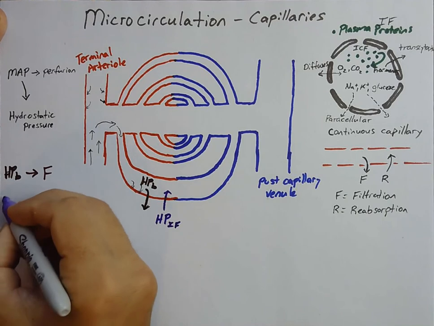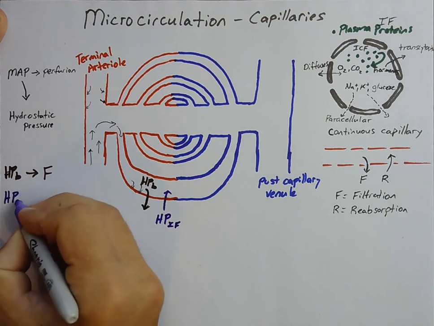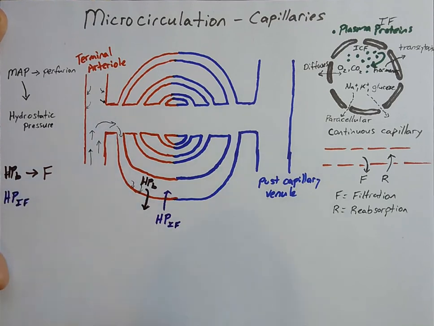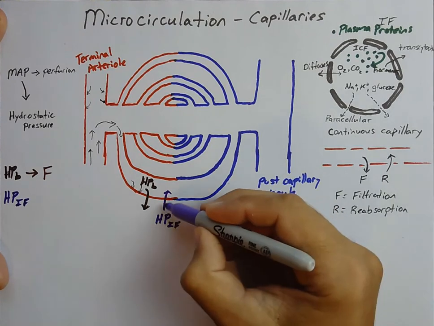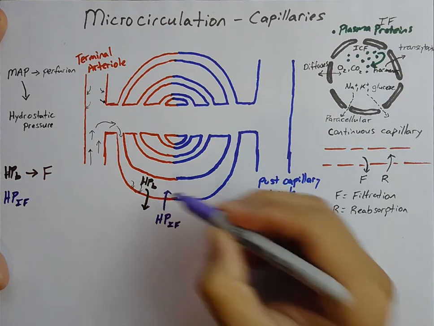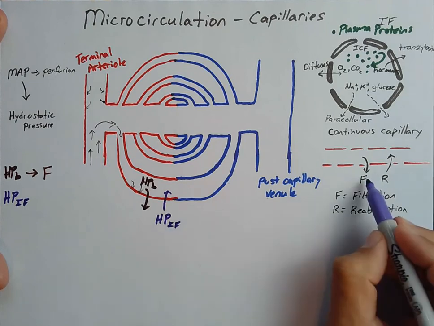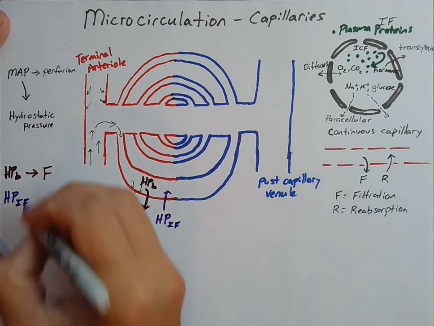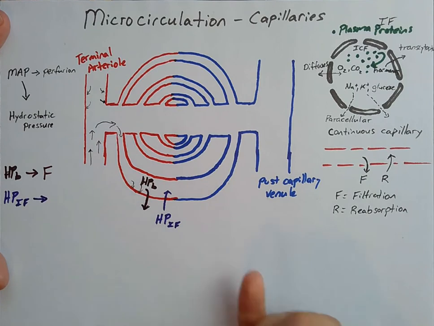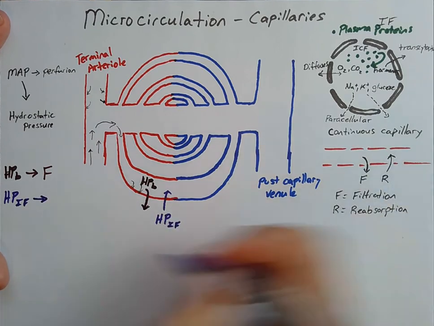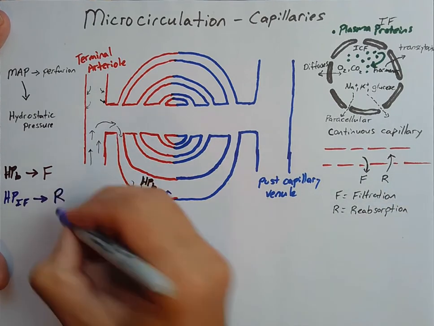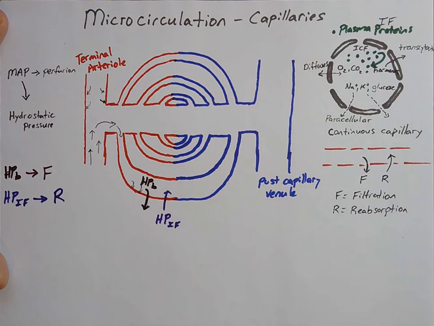But let's go ahead and write it out. Hydrostatic pressure in the interstitial fluid. If this value was great, what would happen to the pressure pushing back? It would increase. Does this pressure promote filtration or does it promote reabsorption? Hopefully you guys see it's pushing back, trying to move things back into the capillary beds. So this is promoting reabsorption. Awesome. That's two variables that we wanted to talk about.